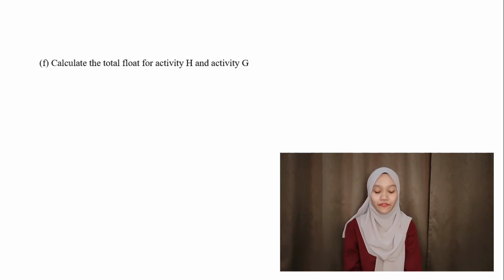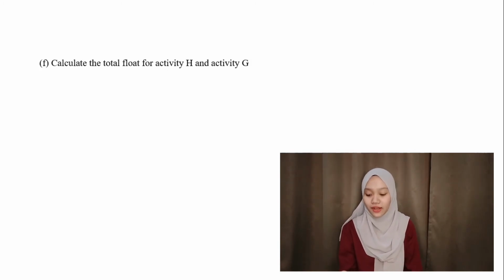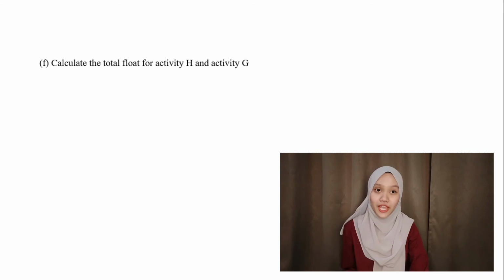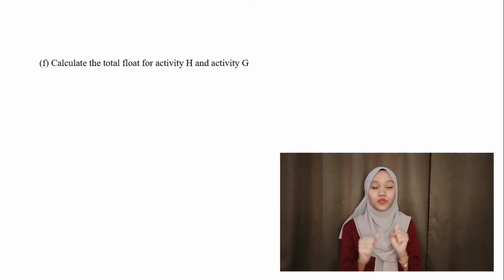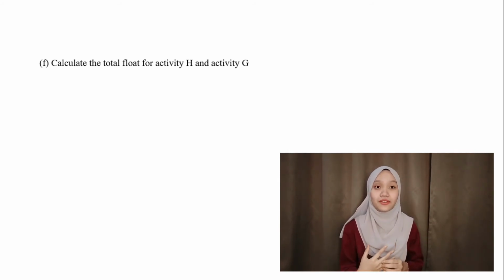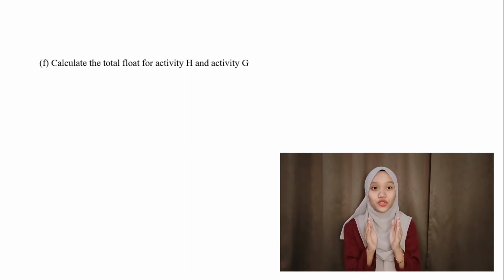Okay, so let's proceed to the last question, question F. Question F requires us to calculate the total float for activity H and activity G. I will explain how to answer for the total float for activity H. First, you need to draw the box. The box you can refer from the answer my friend explained before, which is the question for A and B, which is H only.